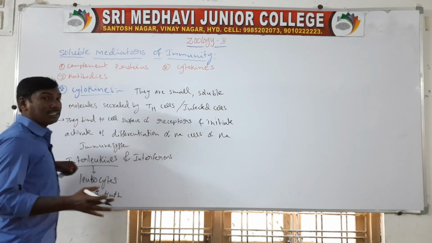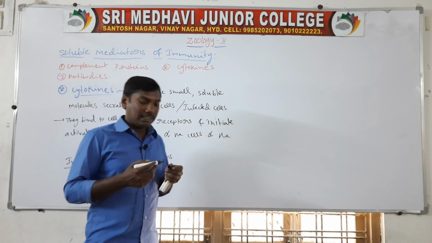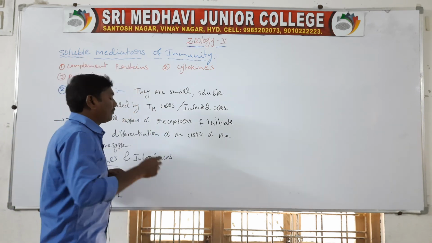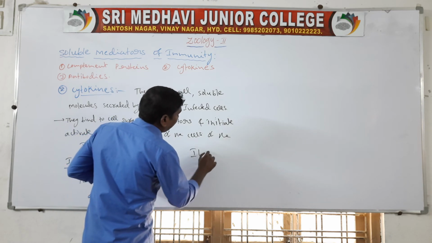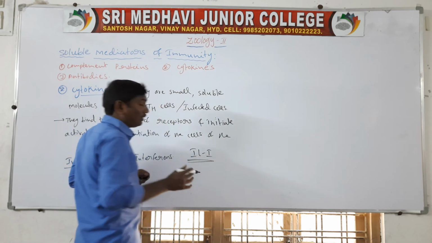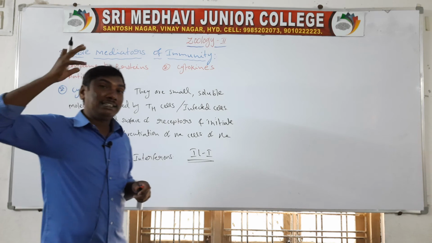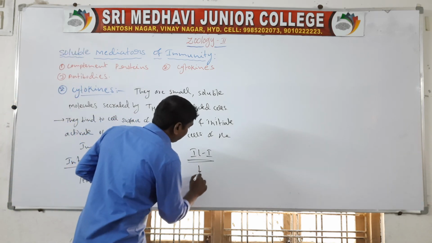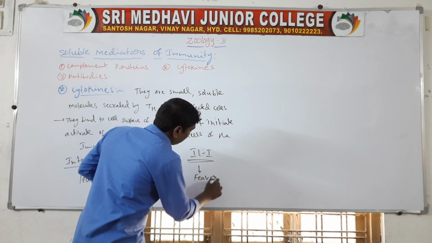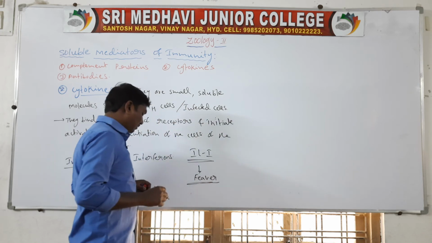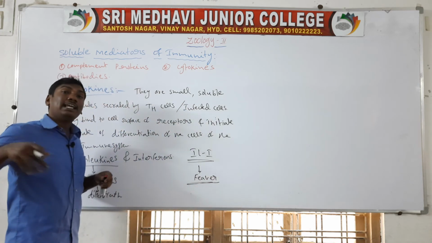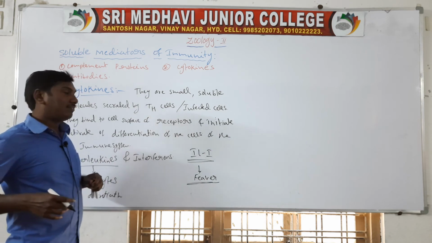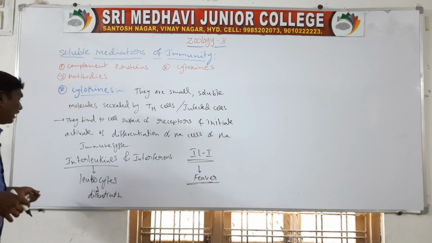For example, interleukin 1 reaches the hypothalamus of the brain and causes fever. With fever, the body temperature increases to a high level and the foreign particles die. So they are called interleukins.